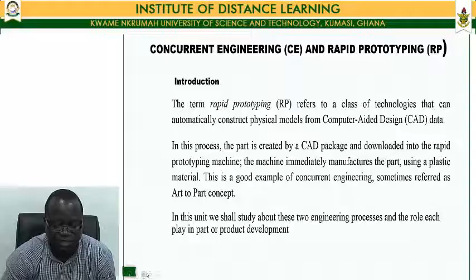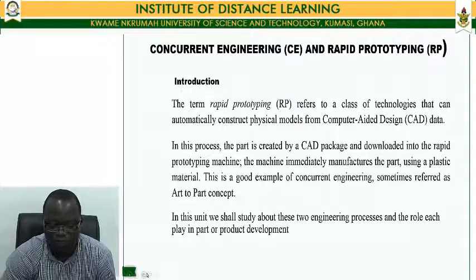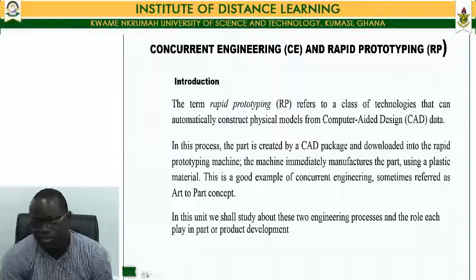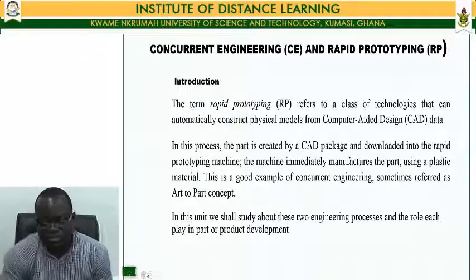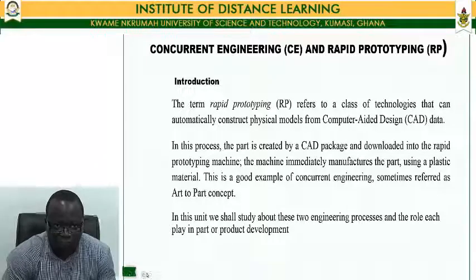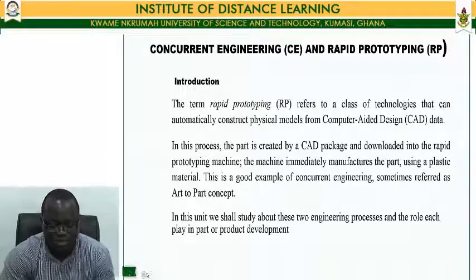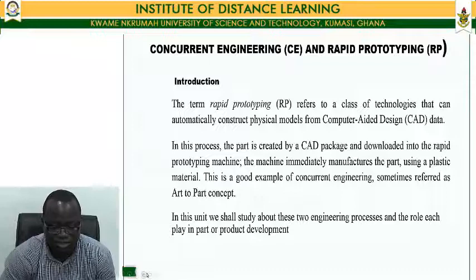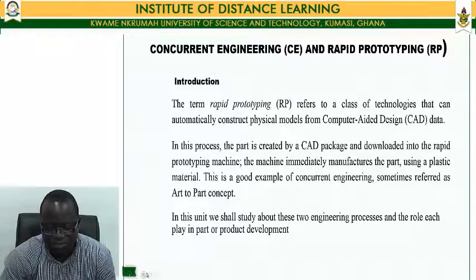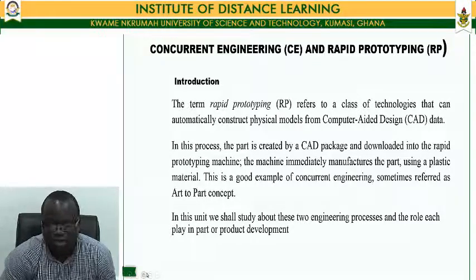Now, this is a good example of concurrent engineering. Sometimes we refer to this as the art-to-part concept. That is, you have the model and then you have the part in your hand within a short time. Now, in this study, we should study these two engineering processes and the role each plays in product development.